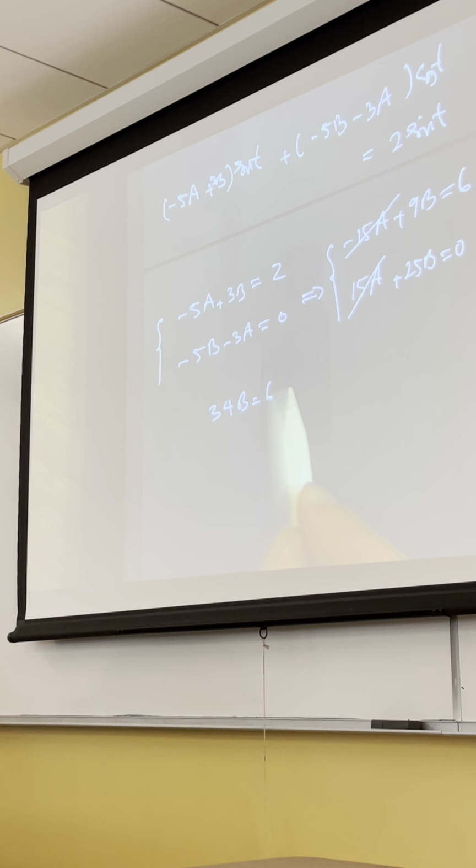34b equals 6, so b is equal to 3/17. Putting it back into the second one, negative 5 times 3/17, negative 15/17, is equal to 3a. So a is equal to negative 5/17.